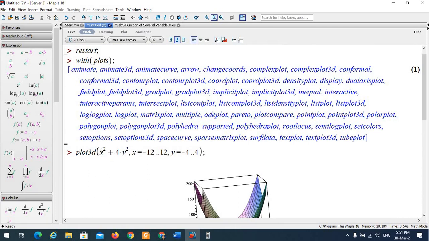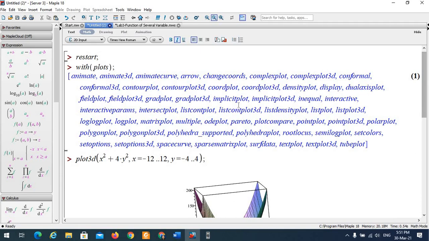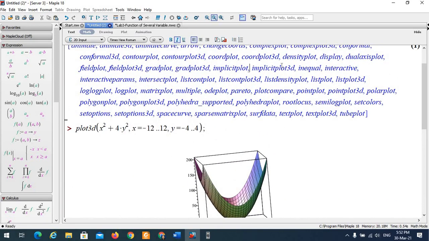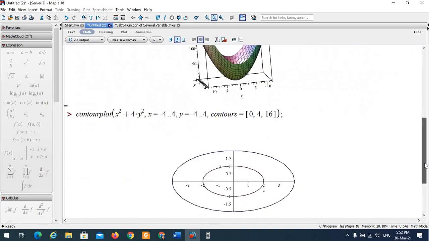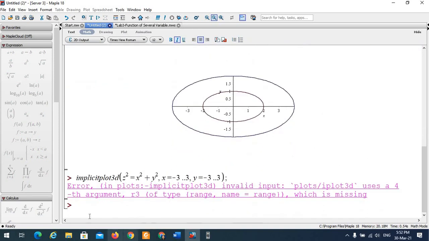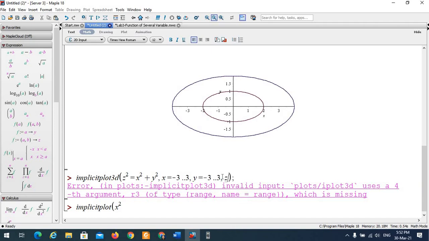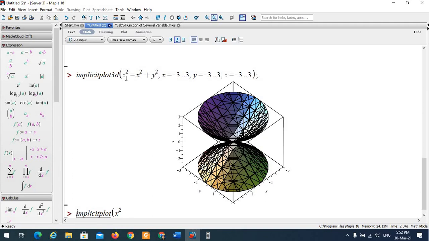So this is actually Z equal x squared plus 4y squared. This is Z squared equal x squared plus y squared.